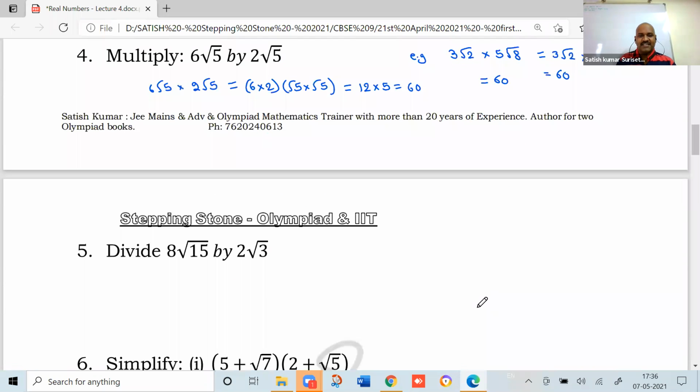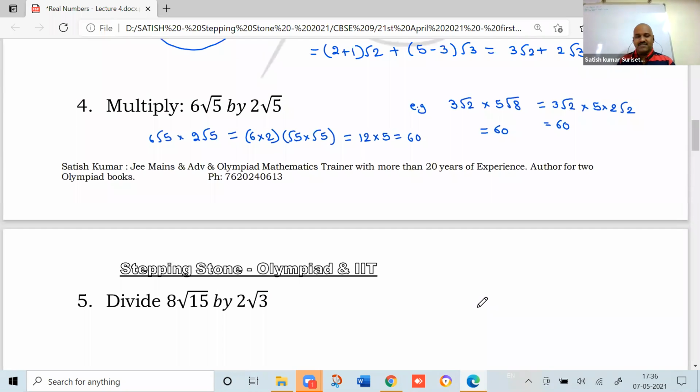Next, divide. Divide 8 root 15 by 2 root 3. So 8 root 15 upon 2 root 3. Now tell me how to divide. So when you are dividing, like surds only you can multiply or you can divide.